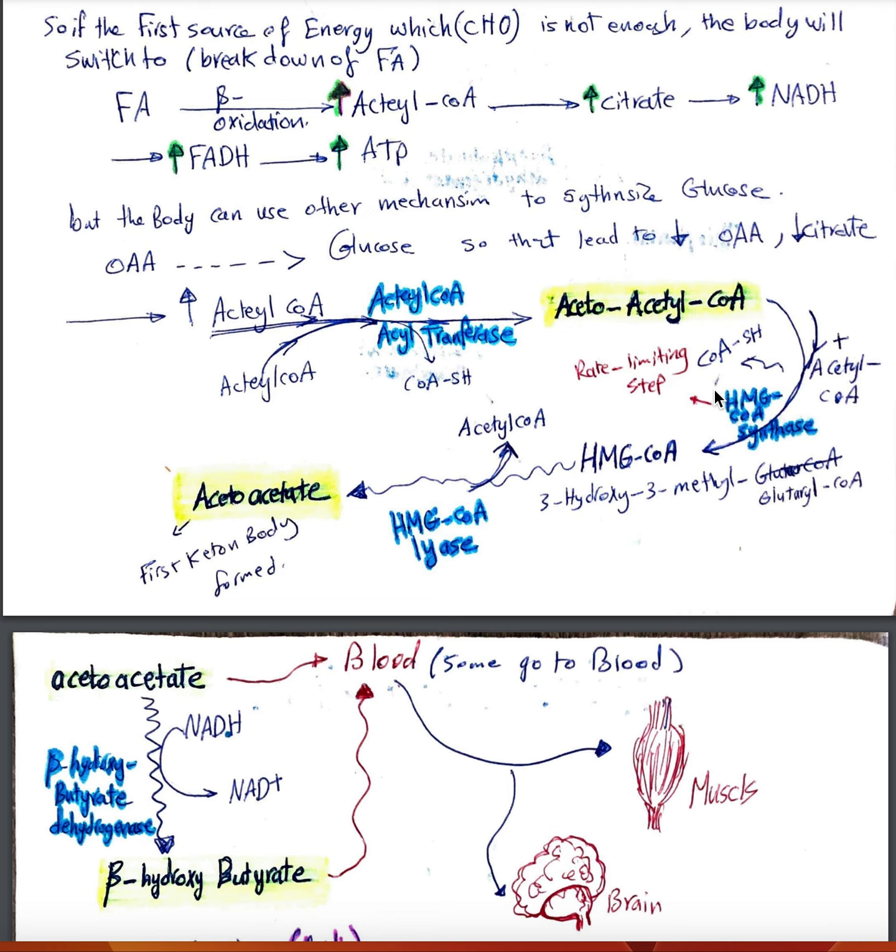Be careful: each reaction or each cycle needs a rate limiting enzyme. This enzyme is so important to remember, to memorize. When I say rate limiting enzyme, that's so important to memorize.